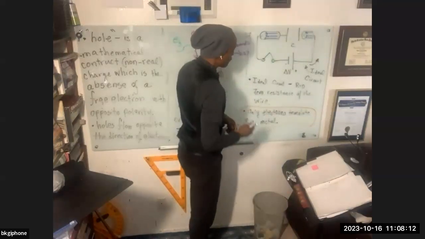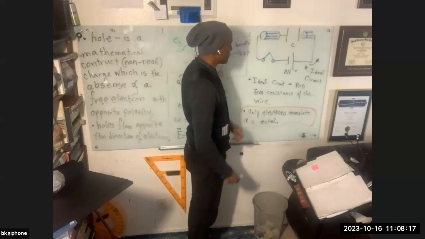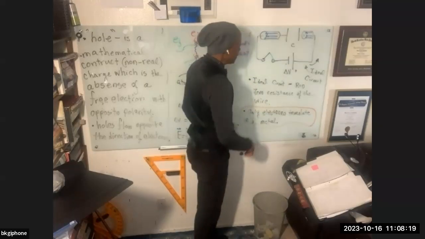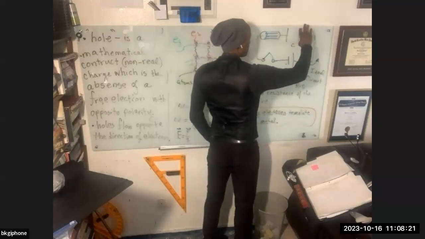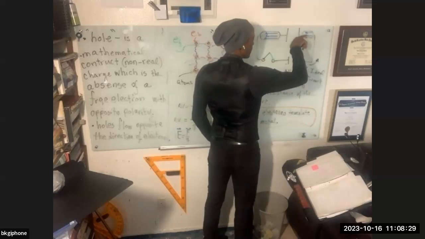So electrons flow from negative to positive. Whereas this plate was a neutral plate, when I close the switch, the electrons want to move down, flow down the electric field, in the direction opposite the electric field.